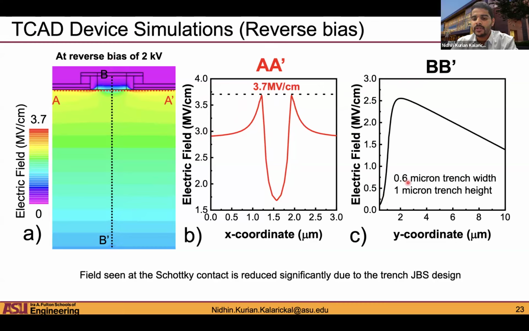This is specifically for a 0.6 micron trench and a 1 micron trench height. This surface field is essentially manageable. You can change it by changing the aspect ratio of this fin, so this is pretty much controllable. But the important thing is that the surface field is significantly low, right? So you can significantly reduce the surface field.